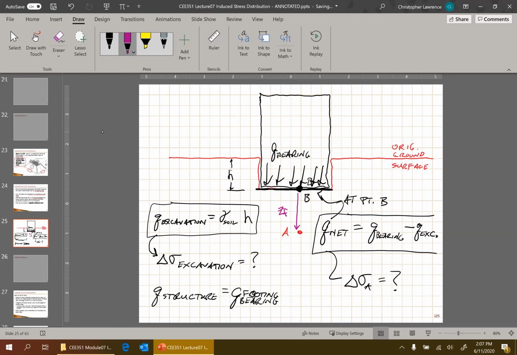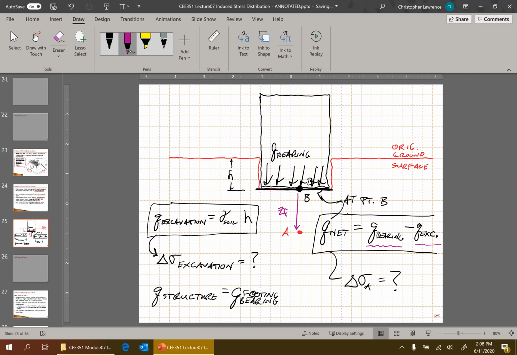Point B experiences this Q excavation. And then as the structure is built, which takes a few months or maybe even a year or two, we have the bearing pressure that comes from the structure. By the end of construction, point B experiences the net difference.